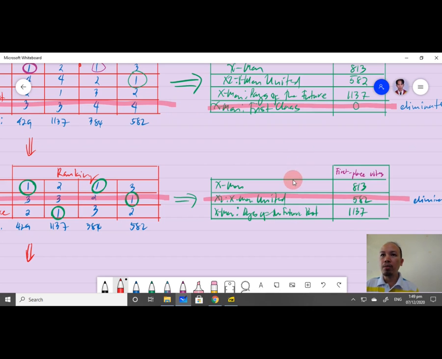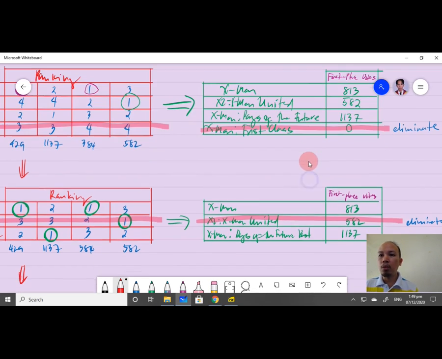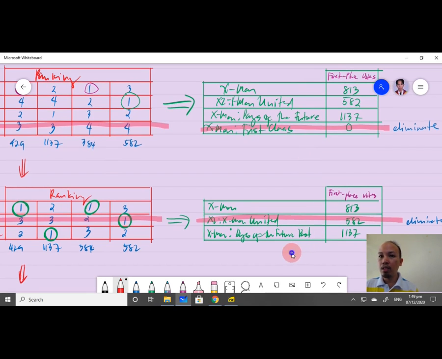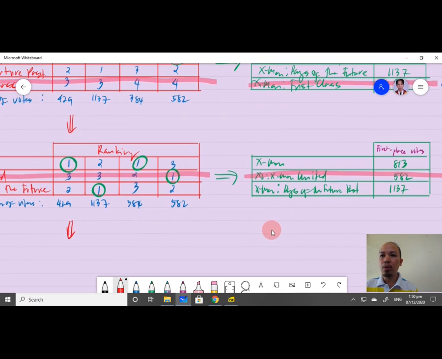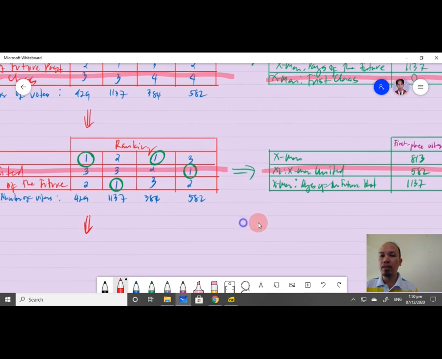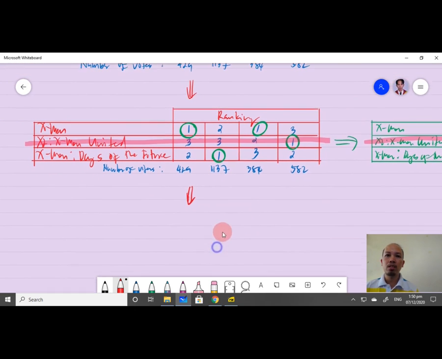If there is an equal value, for example X-Men United is 0 also, then we have to eliminate those two. But what if all are eliminated? If all are eliminated, then there is no winner, so you cannot apply the plurality with elimination method. Please remember that one.